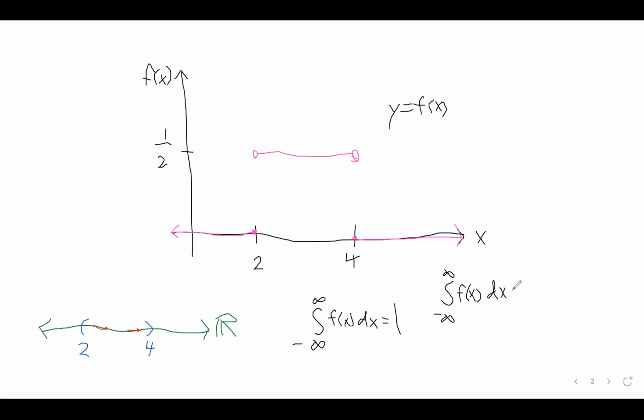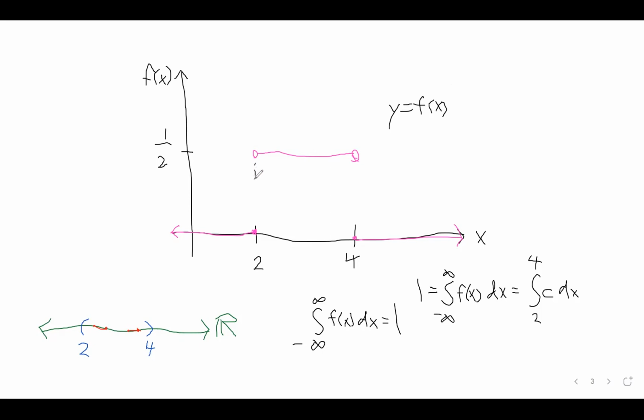The endpoints don't make any difference because they're only points. So we're going from 2 to 4 of whatever f is, which is constant because of this assumption of equal probability. We need the entire area under this curve to be 1.